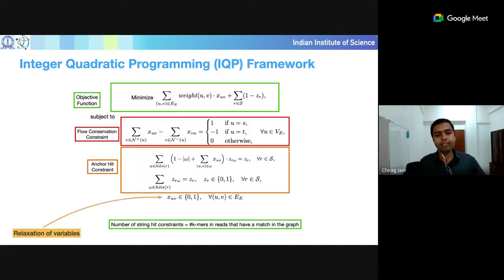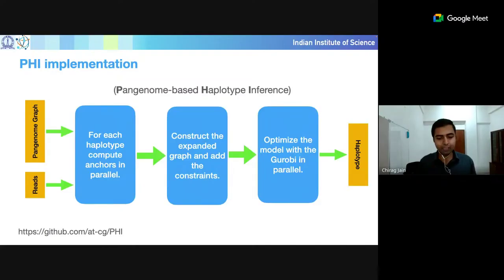Finally, we further optimize this linear programming framework by relaxing these edge variables. We show that even if we relax these to continuous variables, the optimization still returns optimal answers.